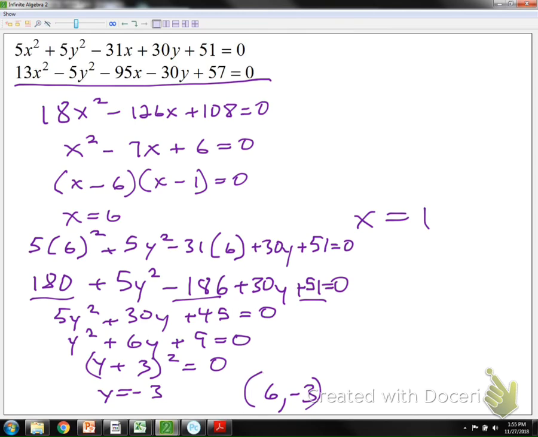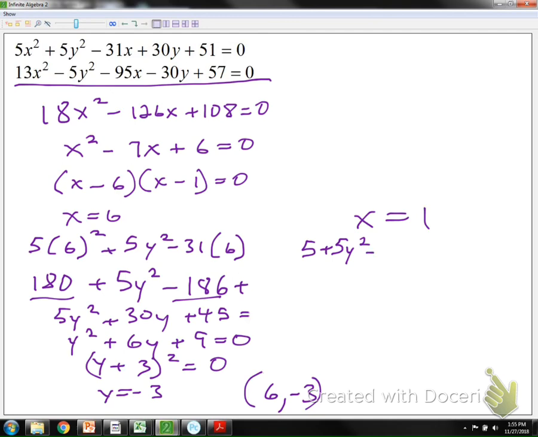All right, now we have to deal with x equals 1 in the same equation. Let me erase a little of this. If you need to see anything else, you can pause it here before I erase. I need to make some room. So if x equals 1 and we take the same equation that we just used, 5 times x squared will just be 5, plus 5y squared, minus 31x.